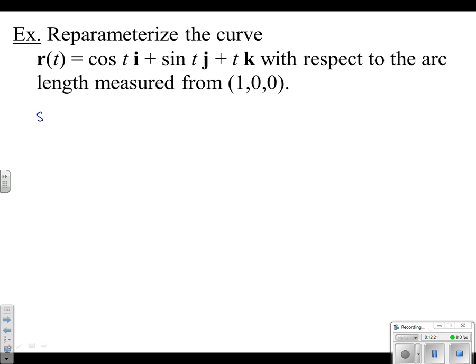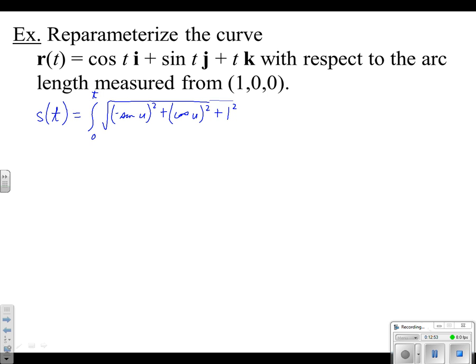So let's start with finding s of t. So s of t would be the integral from 0 to t. Notice that the point that we're starting at, (1, 0, 0), that's when t is equal to 0. Square root of the derivative of my x component, expressed as a function of u, just again to keep the variables separate, plus the derivative of the y component, plus the derivative of the z component.